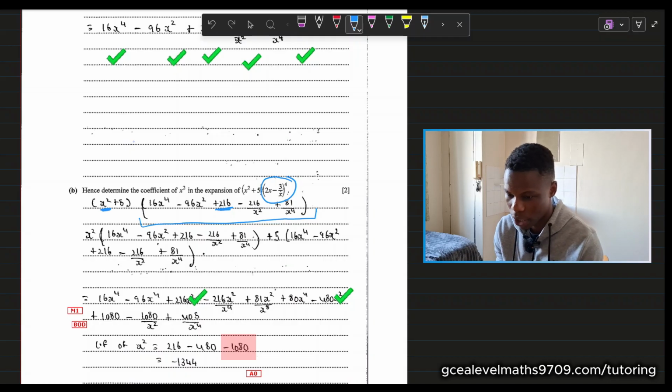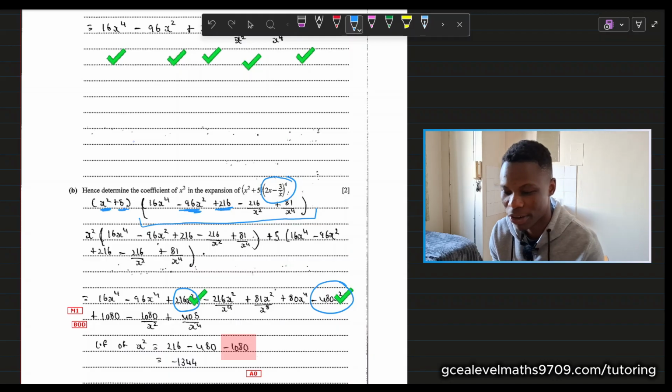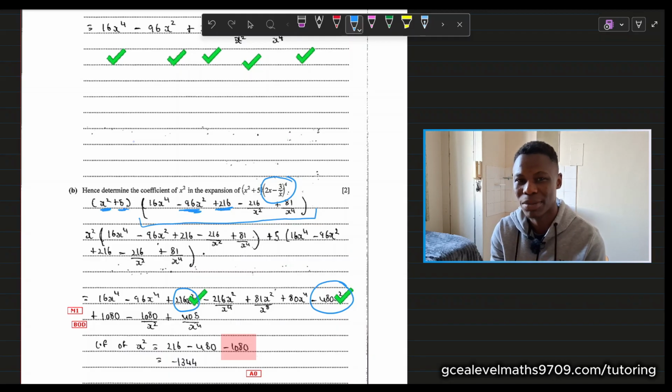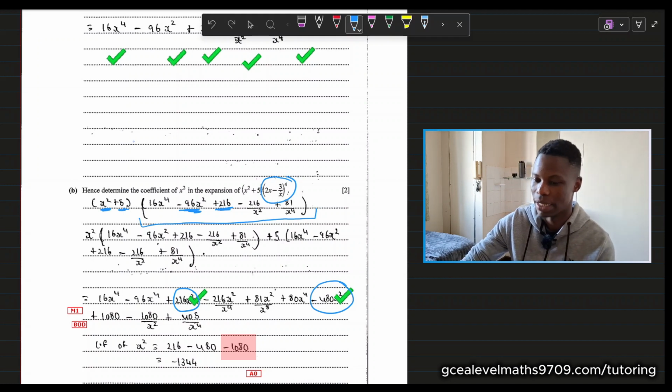And you can see we've got this 216x squared. And then the other term in x squared is going to come from 5 times negative 96x squared, which should give you this negative 480x squared. So those are the only 2 things that we're interested in here. Take those 2, add them together, and they give you the coefficient of x squared. So you don't even have to expand everything. Just figure out the terms that you want, take those and put them together, and that should give you the answer.